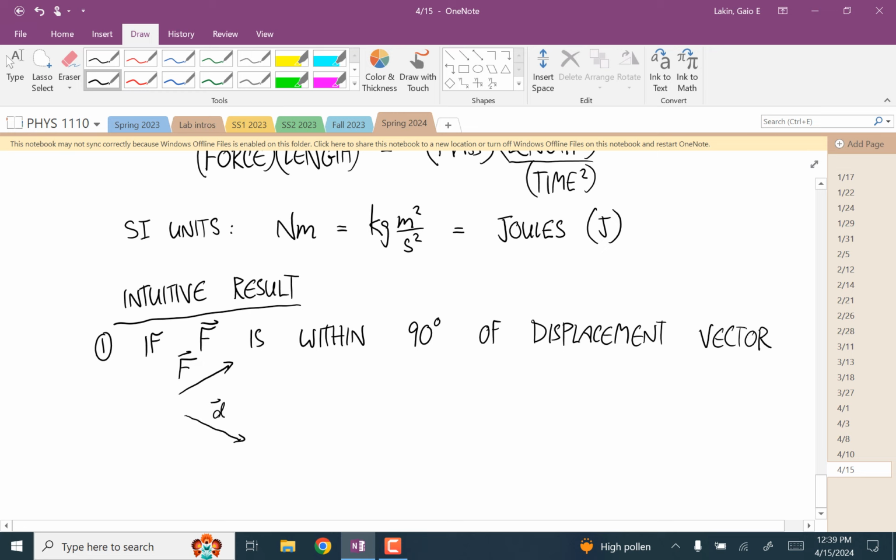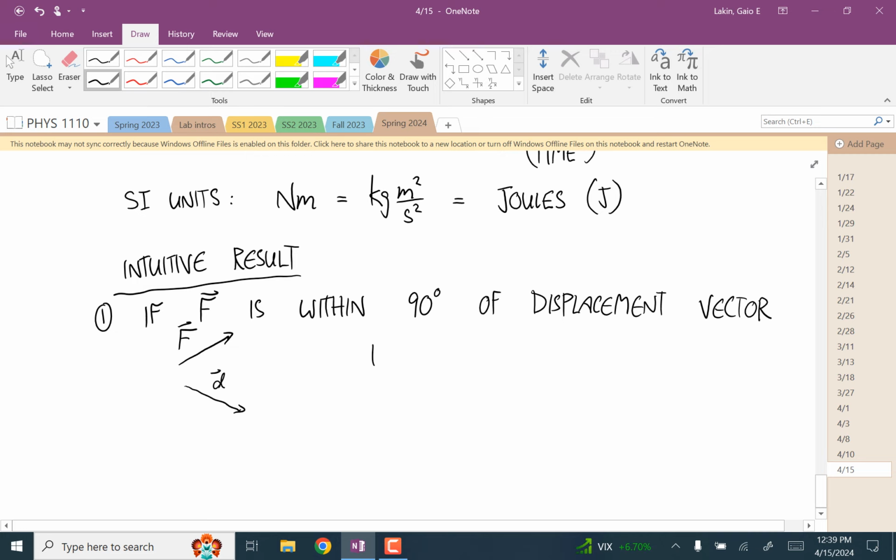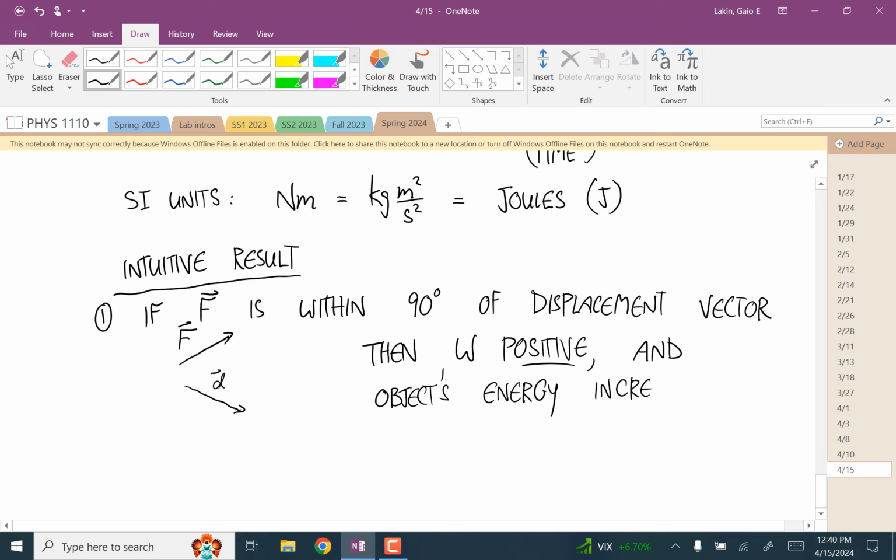That angle is less than 90 degrees between those. Then work is positive. And the object's energy increases. Okay?